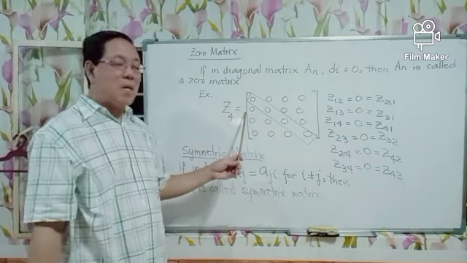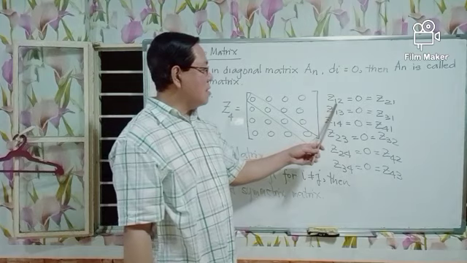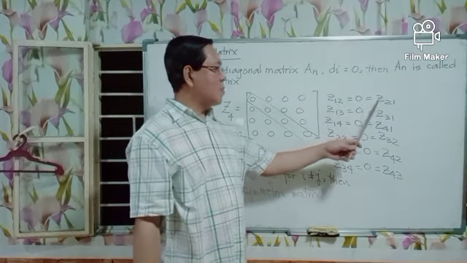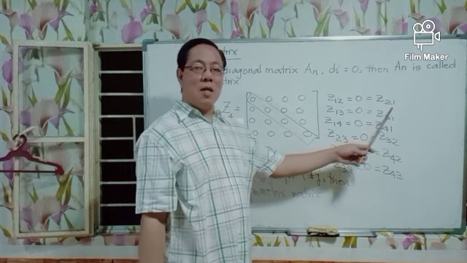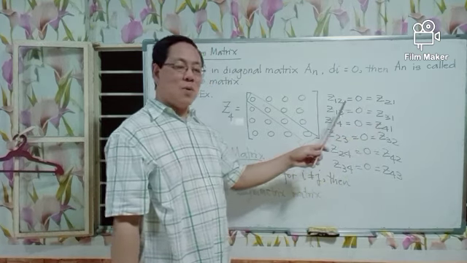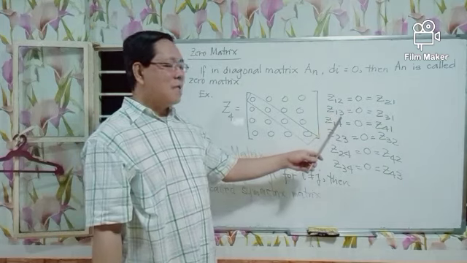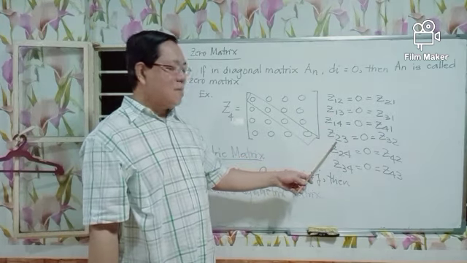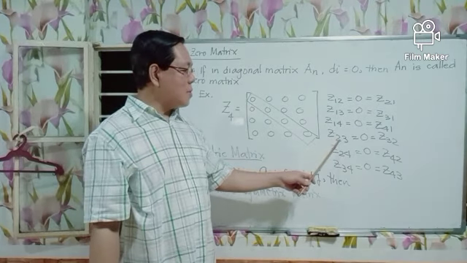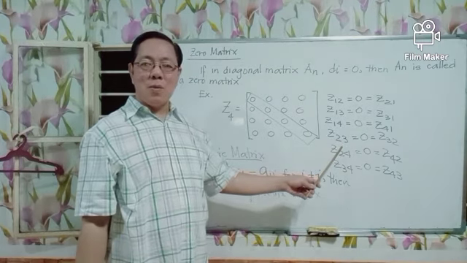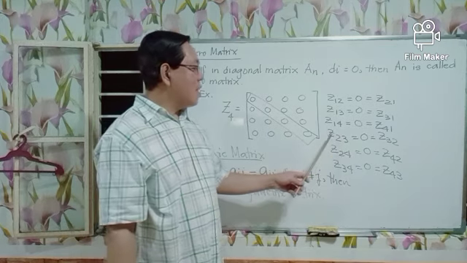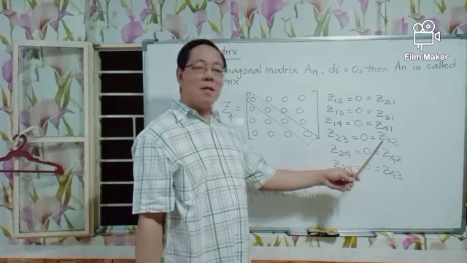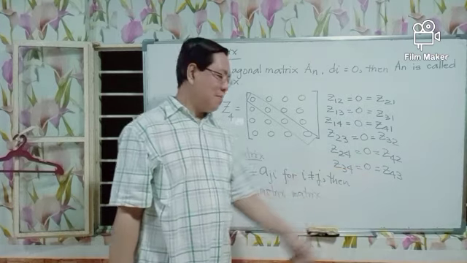As in the zero matrix, here this is i and j, and this entry is equal to the entry Z sub ji, and i is not equal to j. This is i and this is j, 1 is not equal to 3. In this entry, i is 2, j is 3, i is not equal to j, but the entry Z sub ij is equal to the entry Z sub ji.